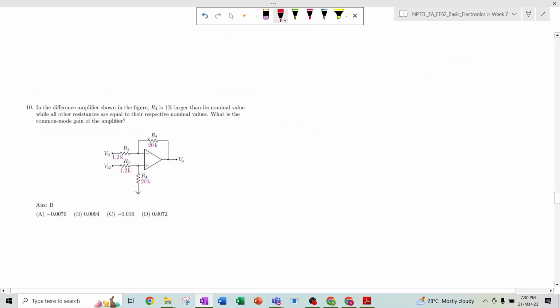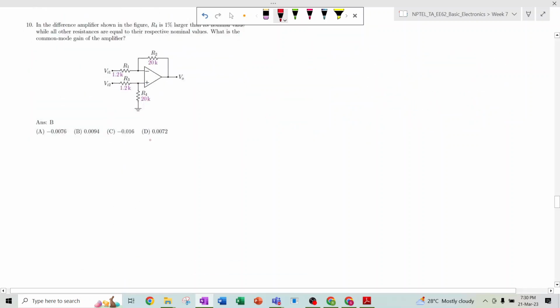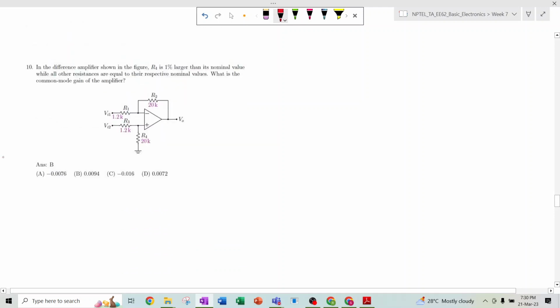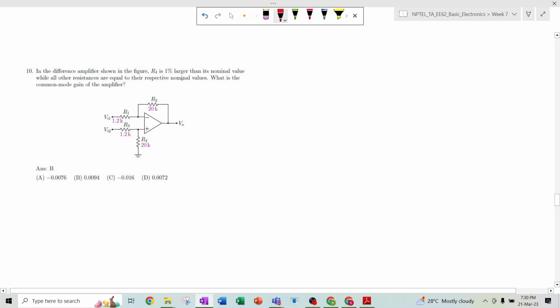The next question is also the same question. In the differential amplifier shown in the figure, R4 is 1% larger than its nominal value. Now this is larger, so instead of 20k, it is 20 plus 20 into 1 divided by 100, that means 20.2 kilo ohm. So what is the common mode gain? The same thing.